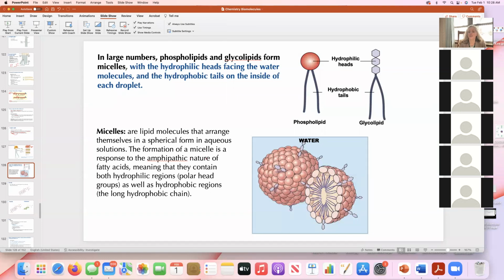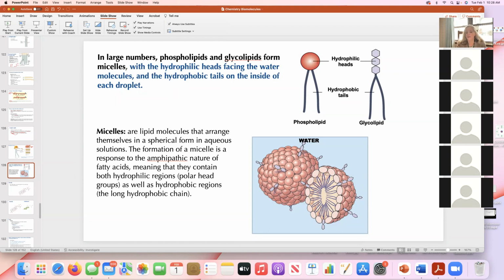So the micelles will have the fatty acid heads facing the exterior aqueous environment. And then all the tails line up in the center to be exclusive, and they make an almost compact droplet or ball. If left on their own, they kind of bead up.